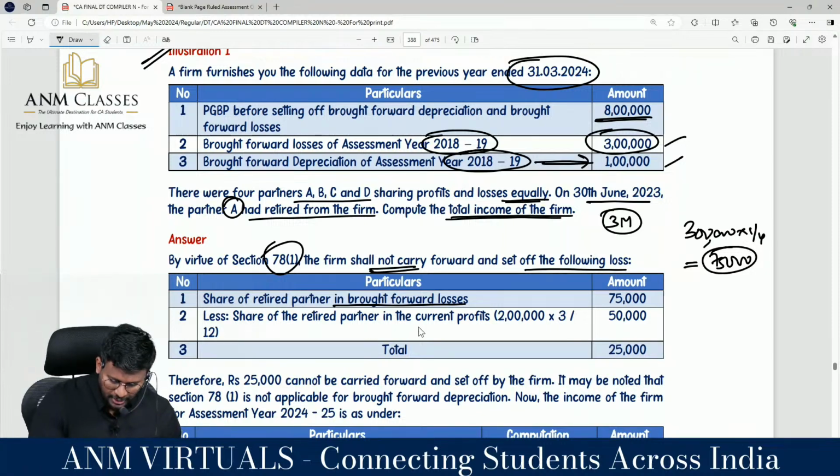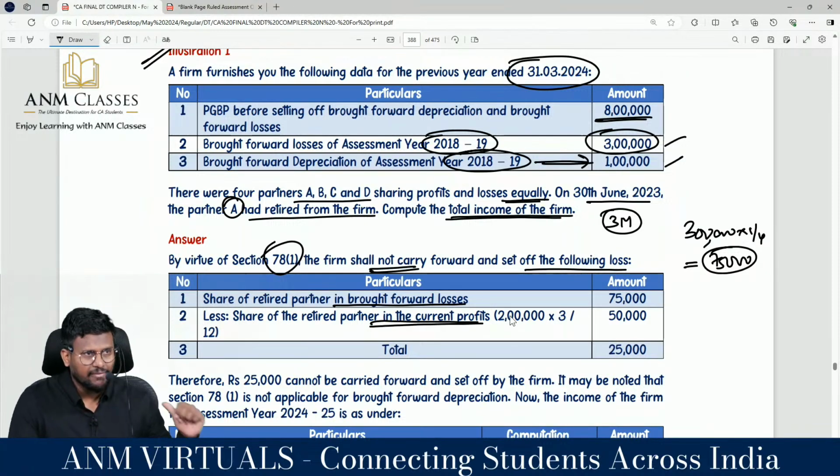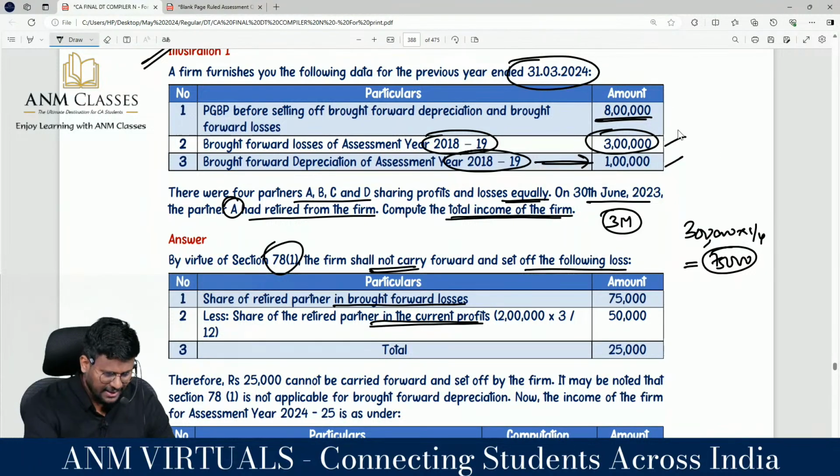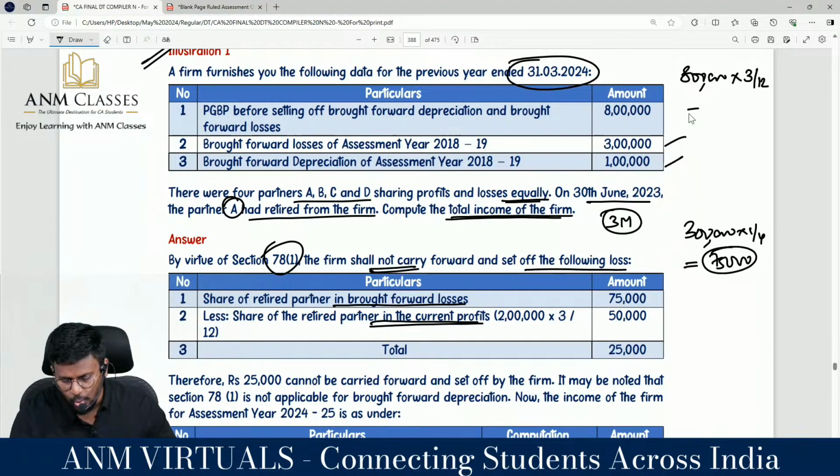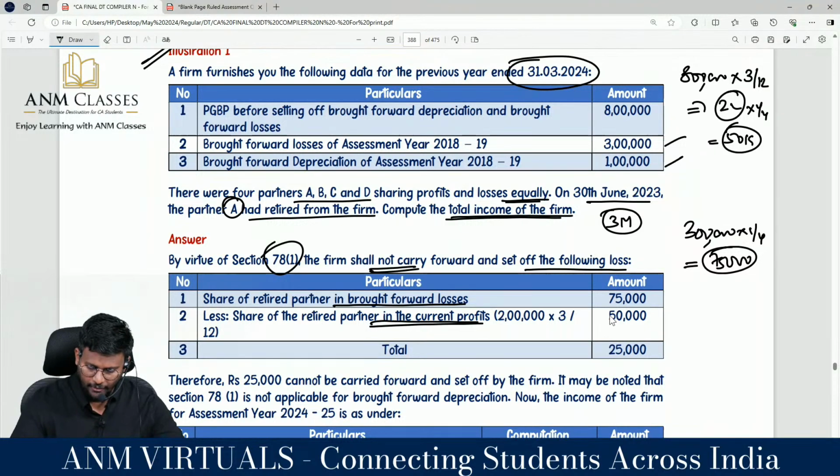But share of retired partner in the current profit, he is having profit. The total profit is how much? 8 lakh. In this 8 lakh, this is for the entire year, correct? The profit I have to find out only for how many months? 3 months. So 8 lakh into 3/12 means I am having profit of 2 lakh. In that profit, I have to allocate between 4 partners. So into 1/4 comes to 50,000.